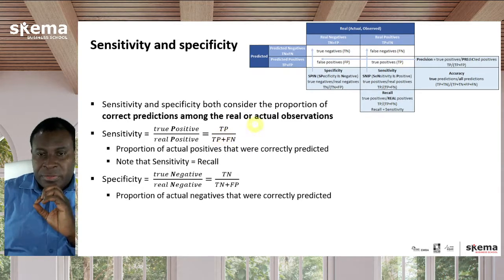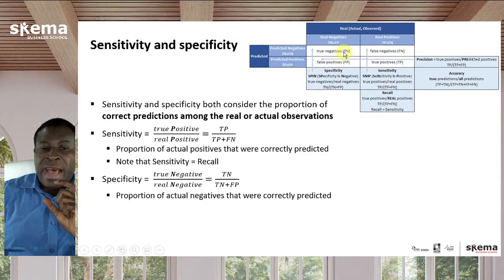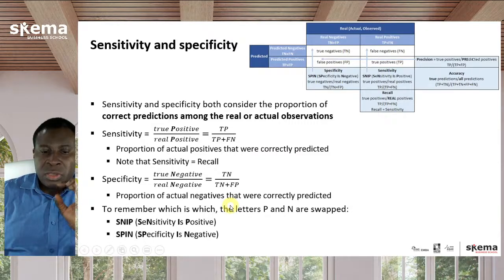Specificity, however, is different from the other measures. It looks at the true negatives and what proportion of all the actual real negatives were correctly identified. So that is the proportion of true negatives that were correctly predicted. To remember which is which, it's a little bit counterintuitive because the P's and the N's are swapped.